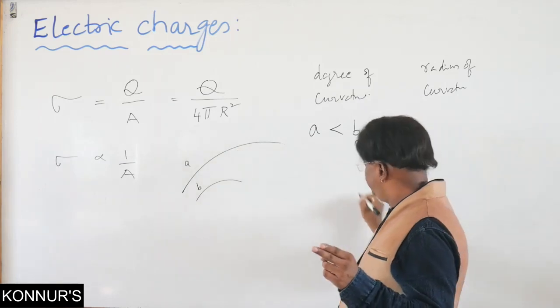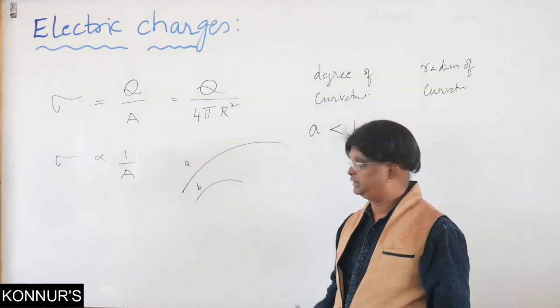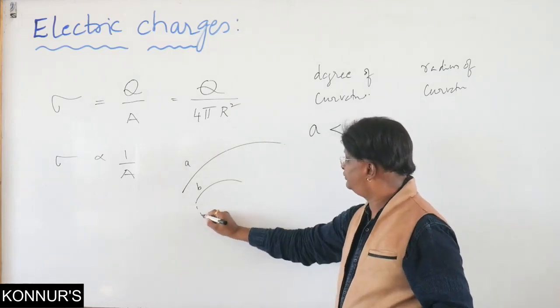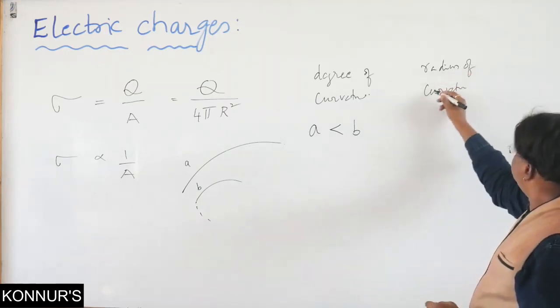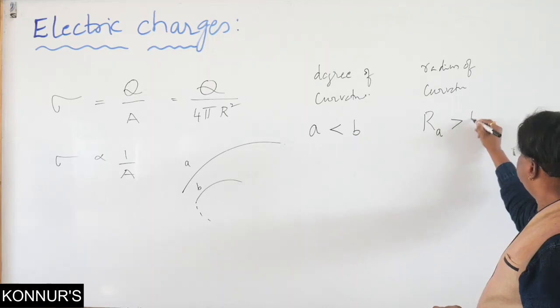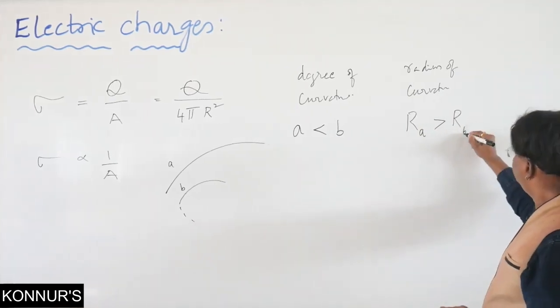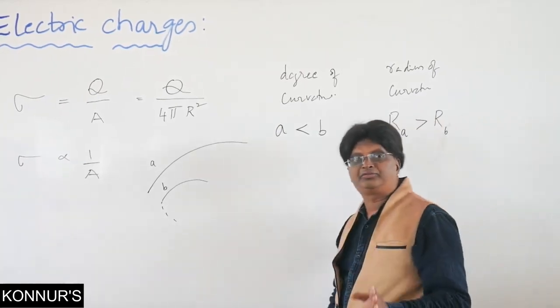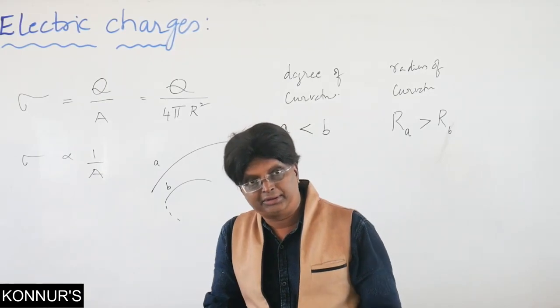A happens to be the bigger sphere and B forms the smaller sphere, is it not? Therefore, with respect to radius of curvature, we will write R of A greater than R of B. So always remember, degree of curvature and radius of curvature are inversely related.